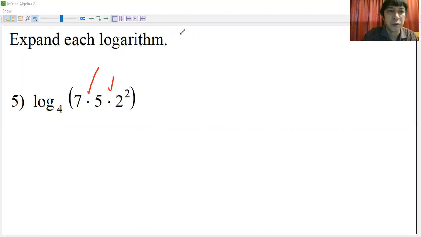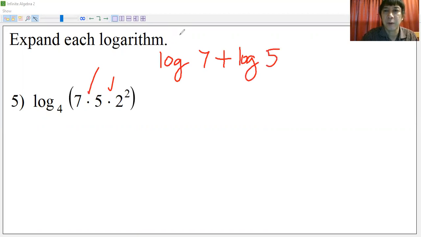So this will now be written logarithm of 7 plus logarithm of 5 plus logarithm of 2 squared. There. Okay, and these are all base 4.